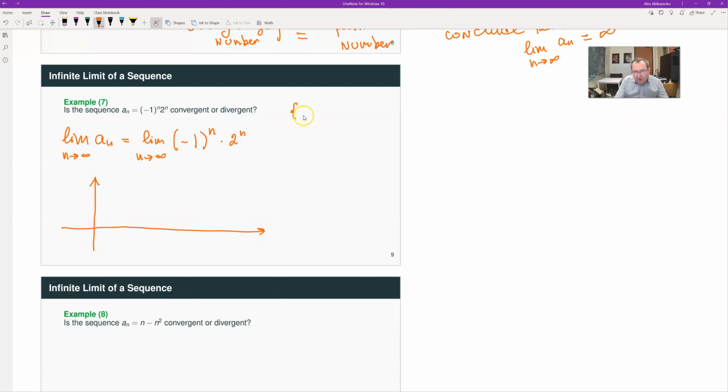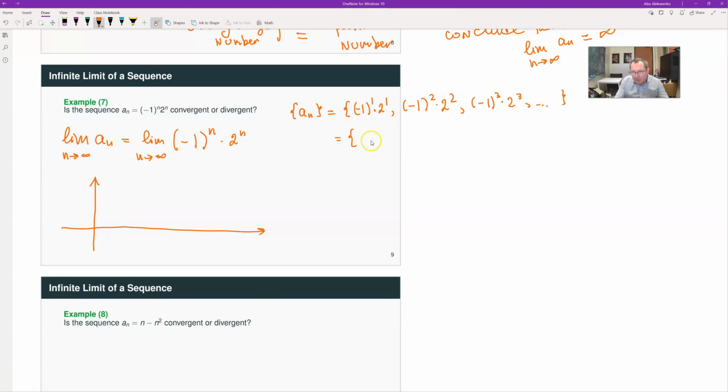Let's evaluate a few elements of that sequence. The first element will be -1 raised to 1 times 2 raised to 1. The second element is -1 raised to 2 times 2 raised to 2. The third element, -1 raised to 3 times 2 raised to 3, and so on.